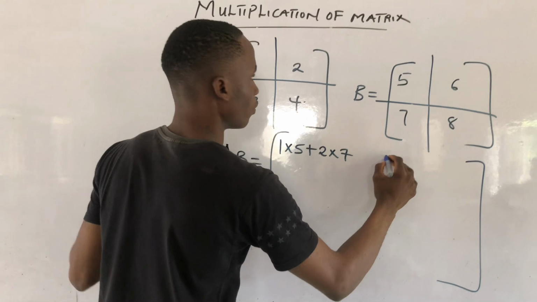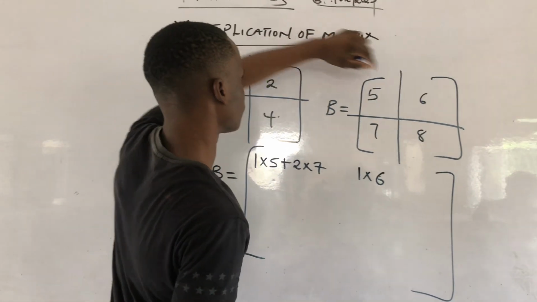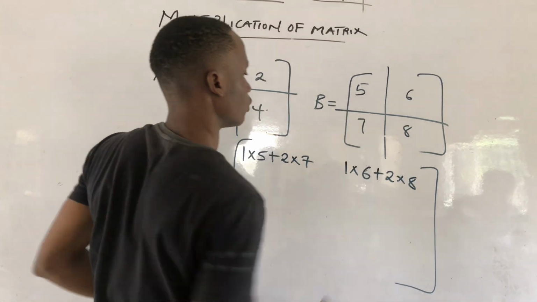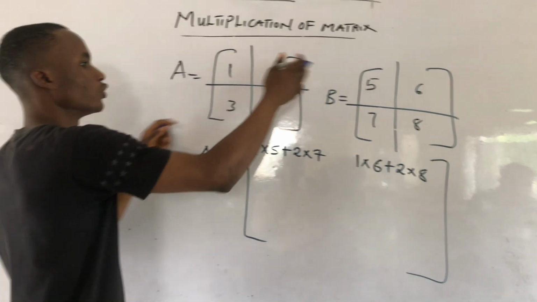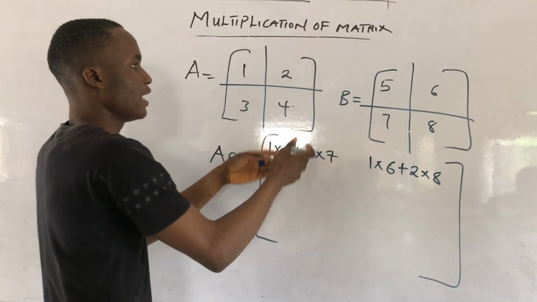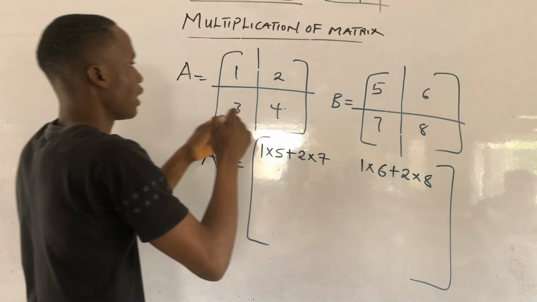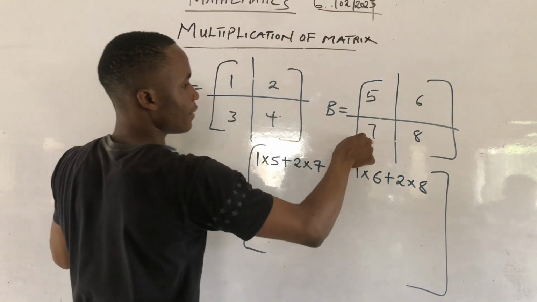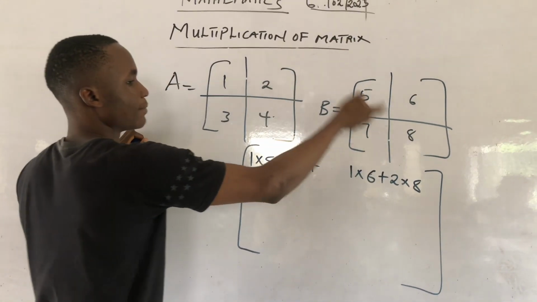We have 1 times 6, which is this 6, now plus 2 times 8. What did we just do? We used the row of this first one to multiply the first column of B, and also use it again to multiply the second column of B. So that is why I have 1 times 5, 2 times 7. We now go again, 1 times 6, 2 times 8.